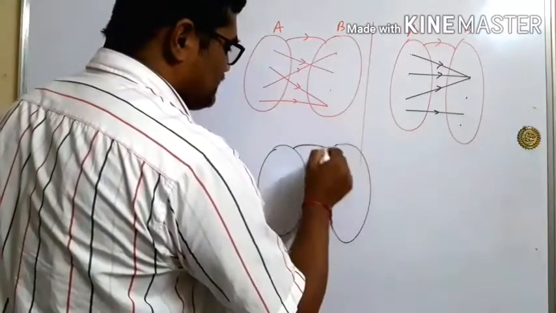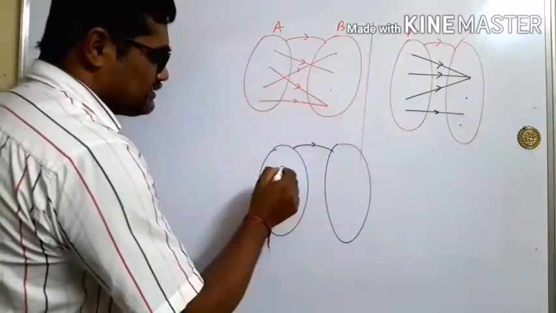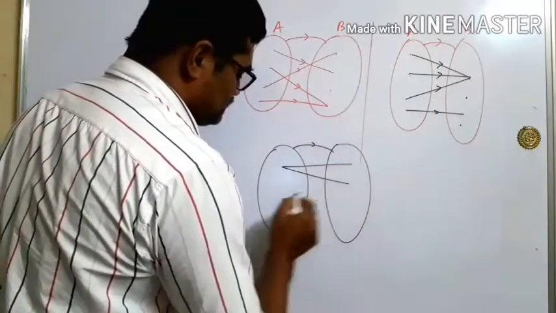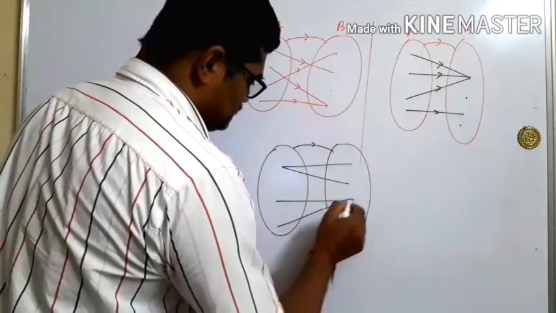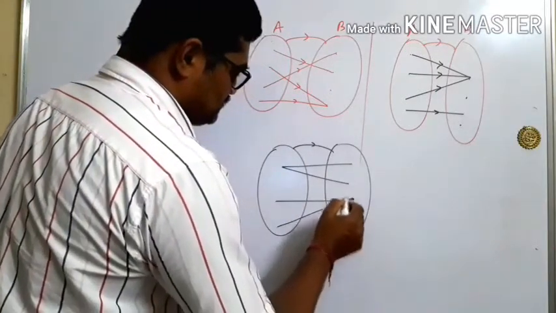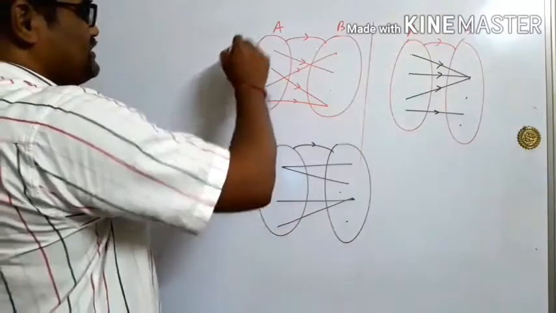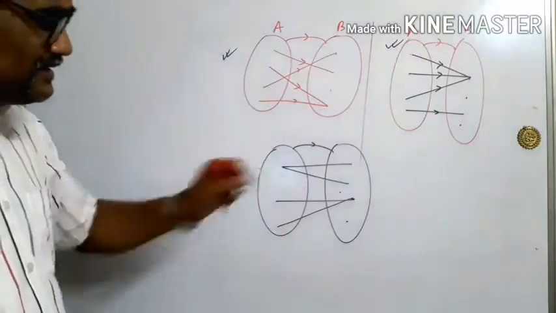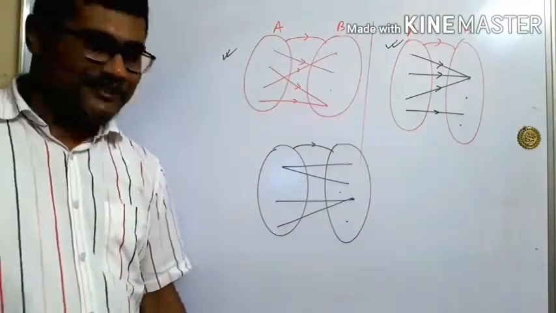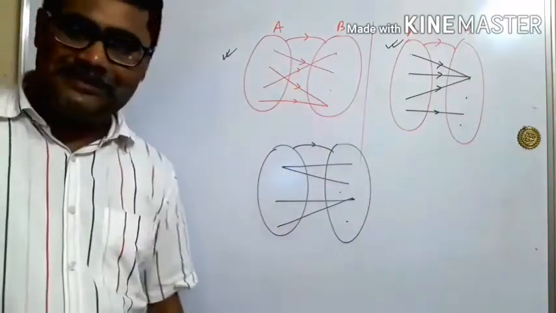Then next, is this a function? This is a function, right? This is also a function. Is this a function? Here every element in the left side is selected.